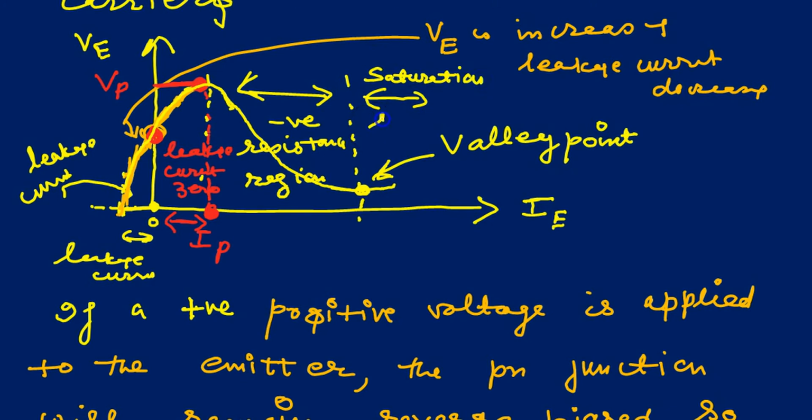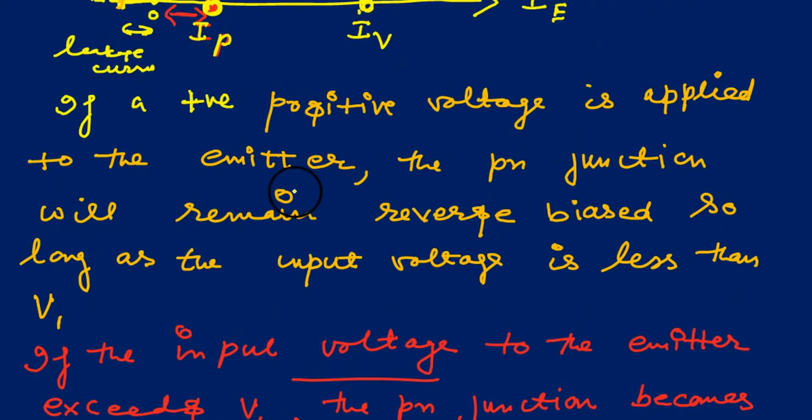After the valley point there is a saturation. Current becomes limited due to the power supply. So this is the IV characteristic.